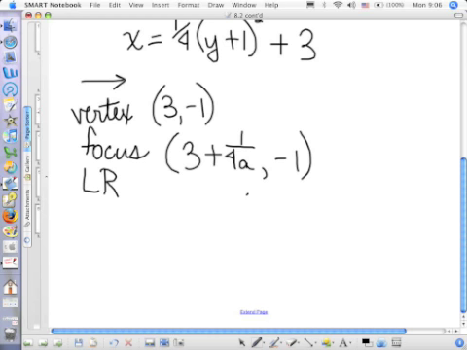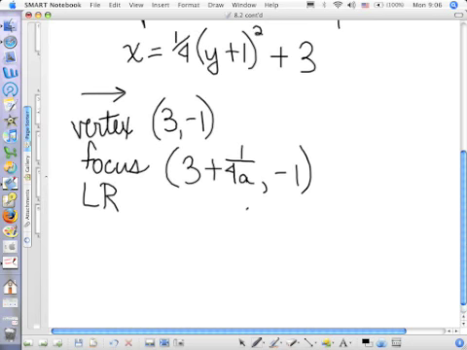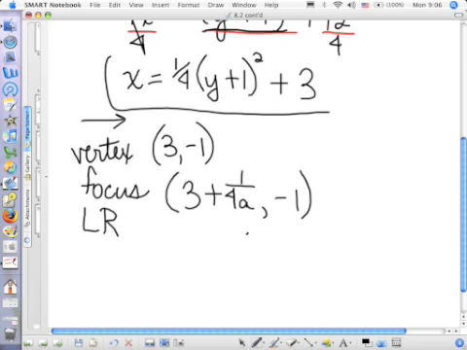Now where does a come from? a comes from here. Does anybody remember which part is a? 1/4. 1/4 in this parabola is a. The number here in front of the parentheses. If there is no number in front of the parentheses, what's this understood to be? 1.